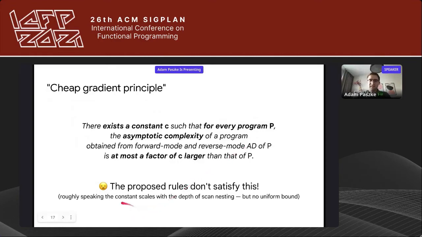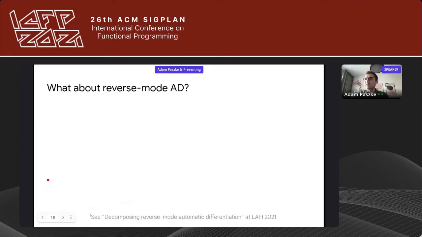And the issue is that this system doesn't even satisfy this. There is a nice bound you could derive, which is that nesting scans in the binary reductions of other scans blows up this constant, and as deep as you nest, you can blow up this constant as much as you can. I would assume that those are relatively exotic programs, so it's not that big of a deal, but it's still somewhat unsatisfying that we can't satisfy this, because other AD systems generally do satisfy the rule.